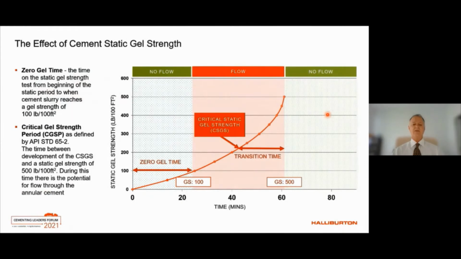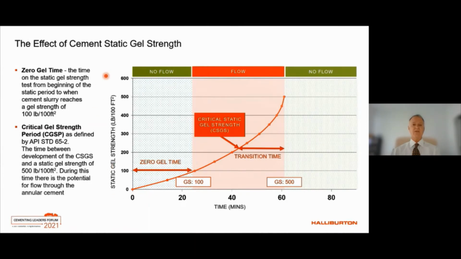When considering the displayed graph of time in minutes on the x-axis and static gel strength in pounds per 100 foot squared on the y-axis, 2 crucial periods need to be considered in the cement design to control sustained casing pressure.